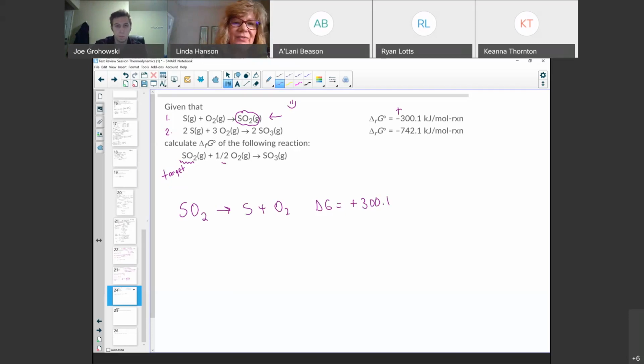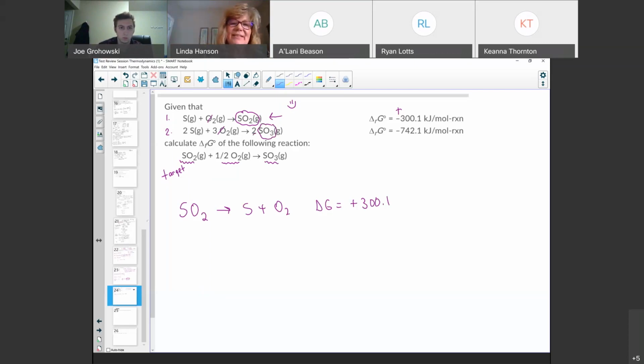The oxygens I don't think are very helpful, because they're located in both of the elementary reactions, so I just tend to skip them. But I do like looking at the SO3 because it's unique to this spot here. It's the only place I find it. I like the side of the arrow it's on, the product side, but I have 2 and I only need 1.